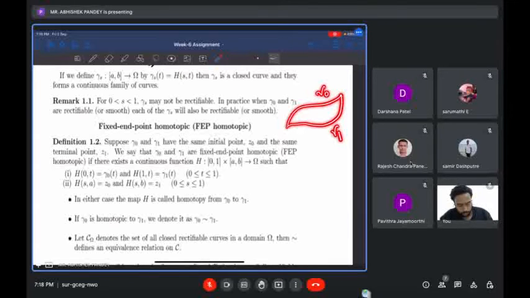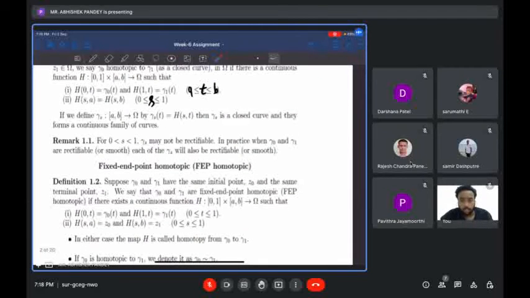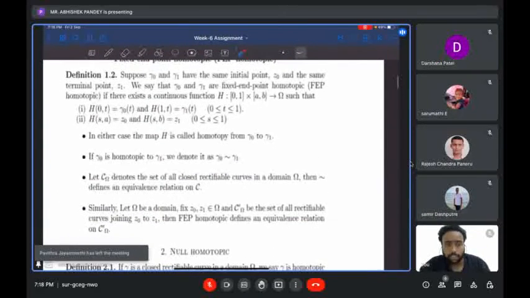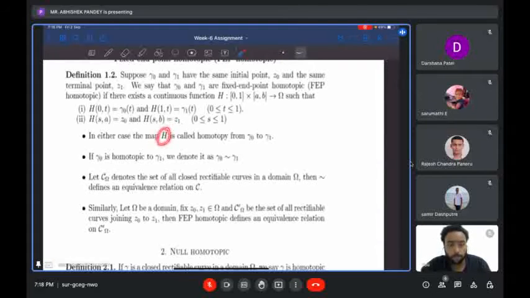These are said to be homotopic if the same thing holds. The same continuous function should exist, just this condition changed to z0 and this condition changed to z1. So in either case, this function is called the homotopy from gamma naught to gamma 1, and if gamma naught is homotopic to gamma 1, we denote it like this. So these are the two pieces of information.